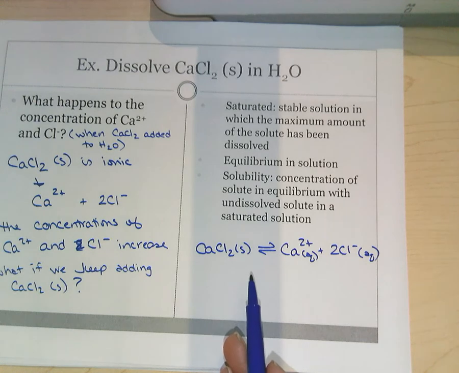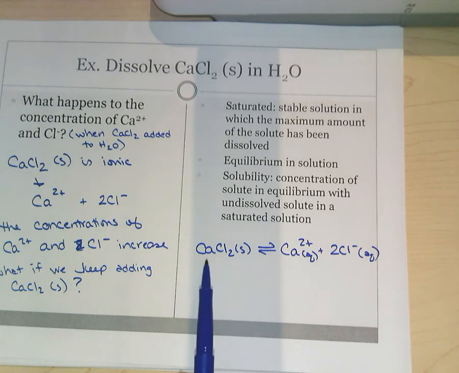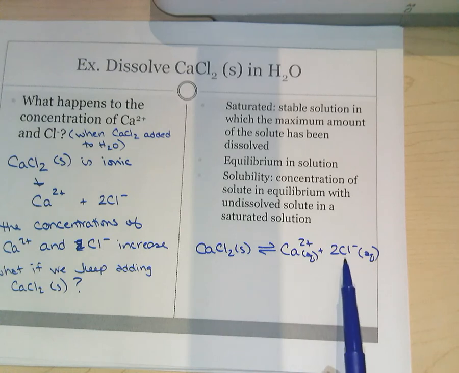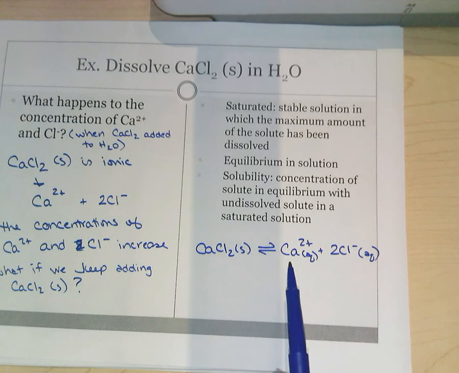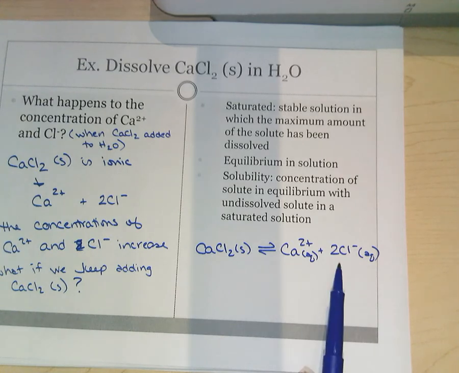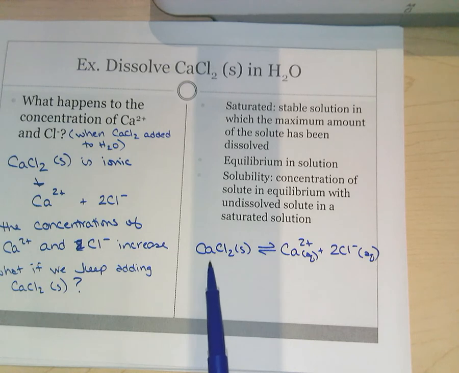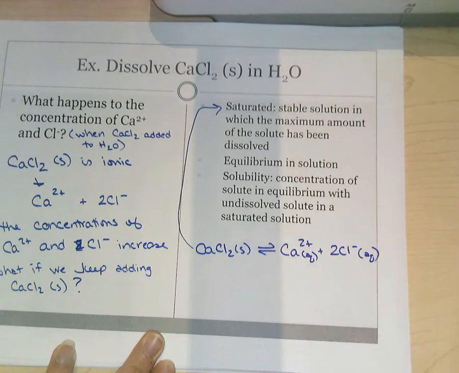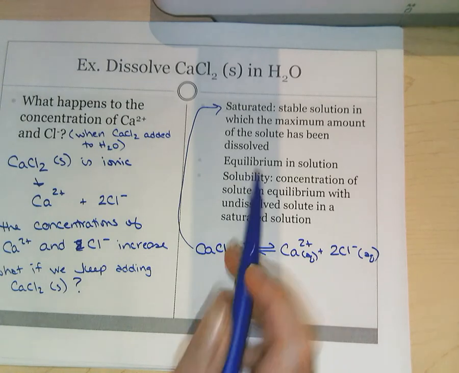Equilibrium, right? So we are dissolving calcium chloride to make calcium ions and chloride ions. We can keep adding the solid until we get to a point where no more ions can be made, and you start seeing the solid just stay at the bottom of the solution, which is this point. A saturated solution, the maximum amount of solute has been dissolved. So now we're at equilibrium.